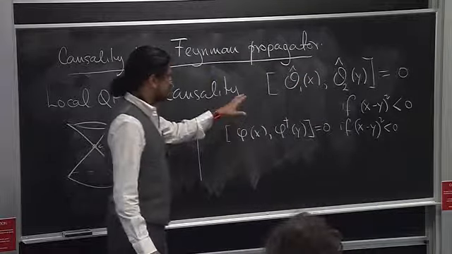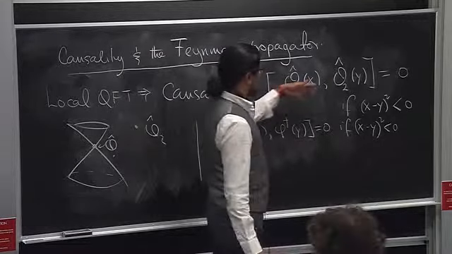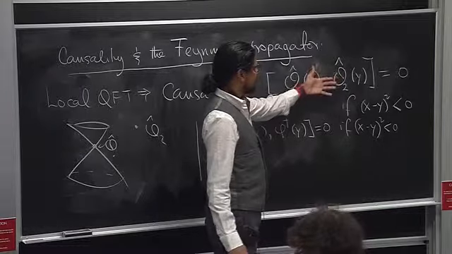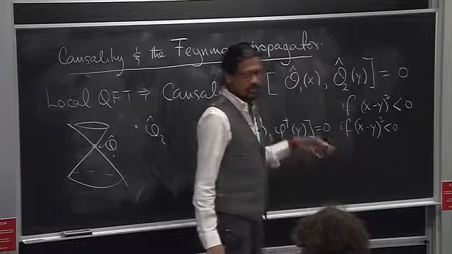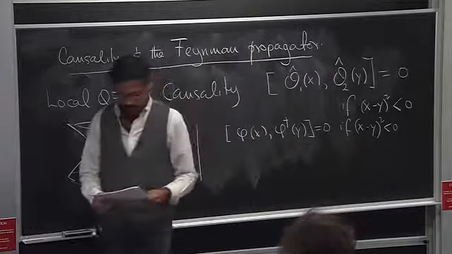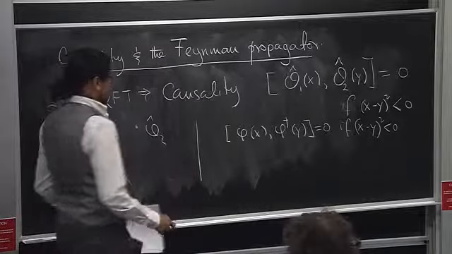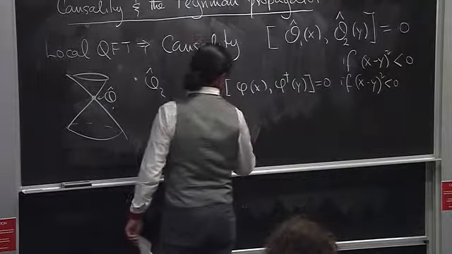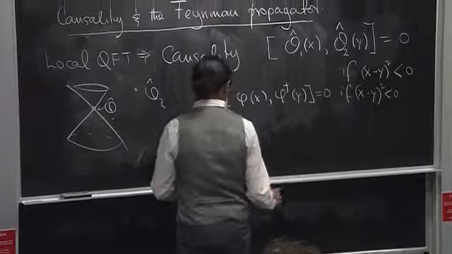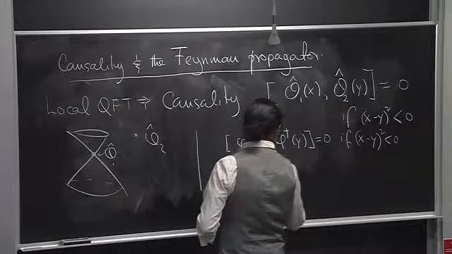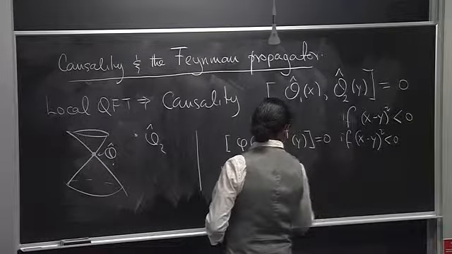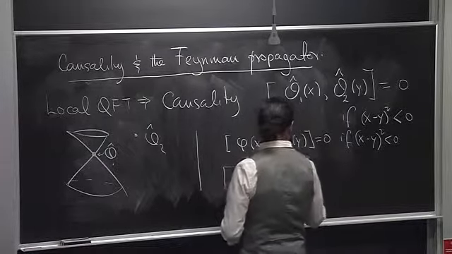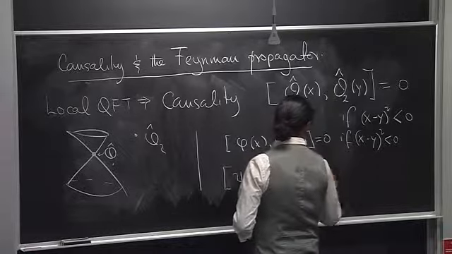Because you can always decompose the operator, the left-hand side, in terms of commutators of the component fields. However, if you compute the commutator of Fermi fields, in general, this is not true.